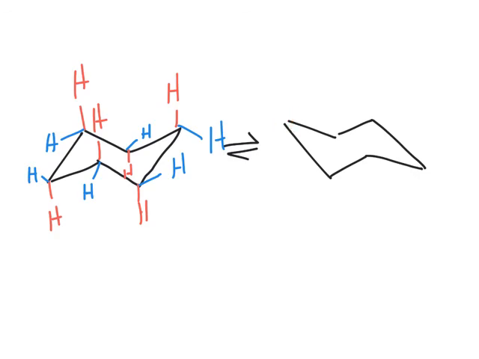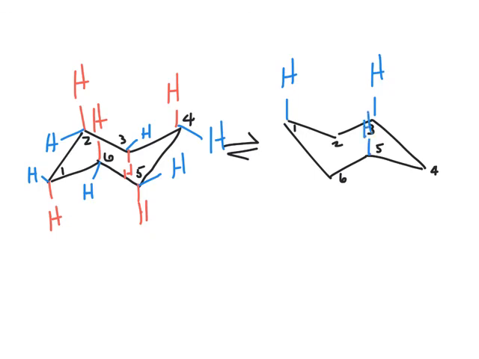Maybe it would be helpful if I number these atoms, these carbon atoms. 2, 3, 4, 5, and 6. So this is 1, 2, 3, 4, 5, and 6. So those equatorial hydrogens on the left structure, on positions 1, 3, and 5, now become axial on positions 1, 3, and 5.